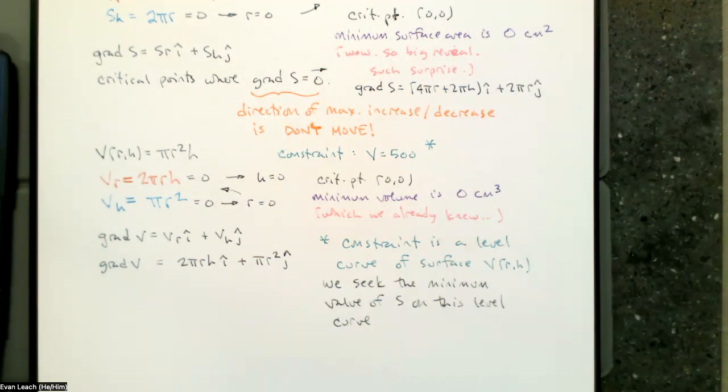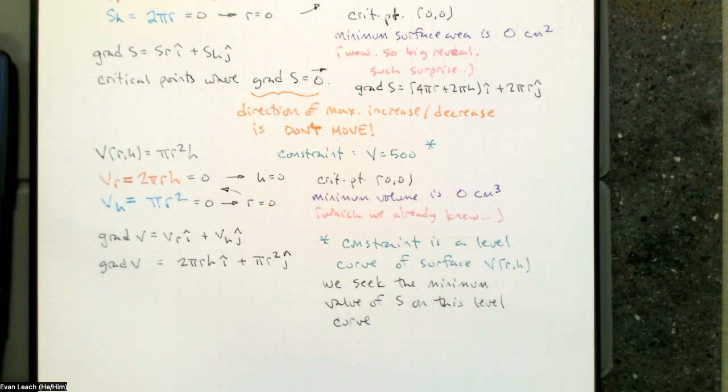Here's how we're going to find that out. We know that the gradient points us in the direction of maximum increase. So along that curve, the surface area is changing. Also along that curve, the volume is staying constant.